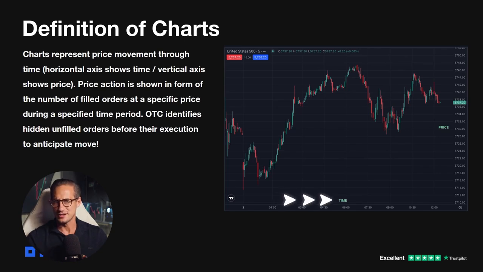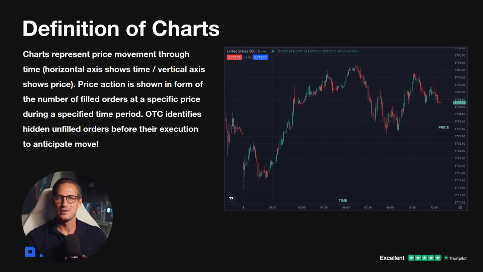What are charts? Charts visually represent the movement of prices over time. The horizontal axis represents time. The vertical axis displays the price. Each candle you see captures price activity within a specific time frame.